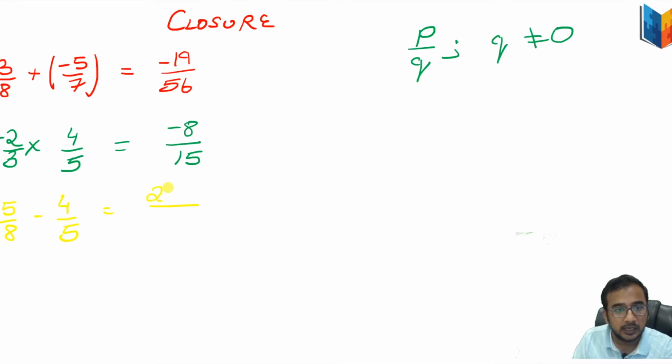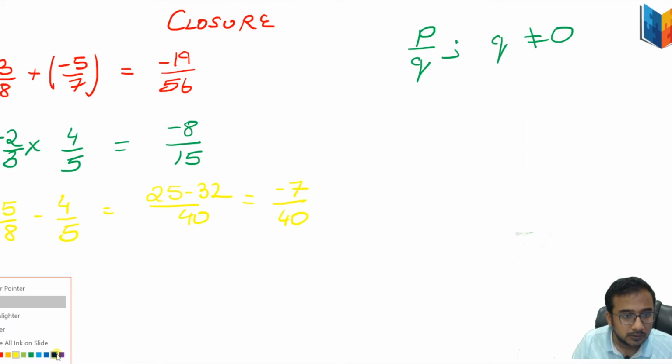I think it will be 25 minus 32 upon 40, which, if my calculation is correct, would be minus 7 by 40. So this is one rational number. Similarly, if we calculate for division, again it is a rational number. So closure property. So let us write something.